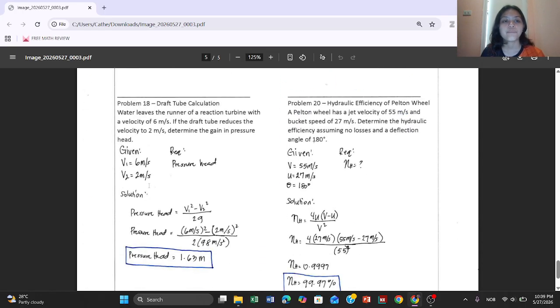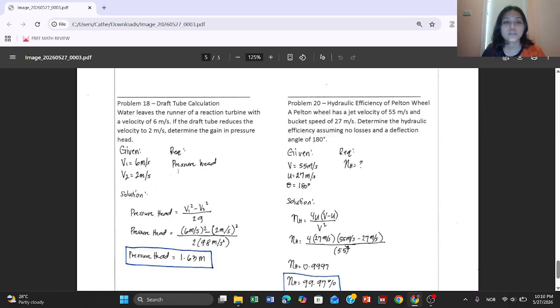Next is problem number 18, about draft tube calculation. Water leaves the runner of a reaction turbine with a velocity of 6 meter per second. If the draft tube reduces the velocity to 2 meters per second, determine the gain in pressure head. Given, we have velocity 1 of 6 meter per second, and velocity 2 of 2 meter per second.